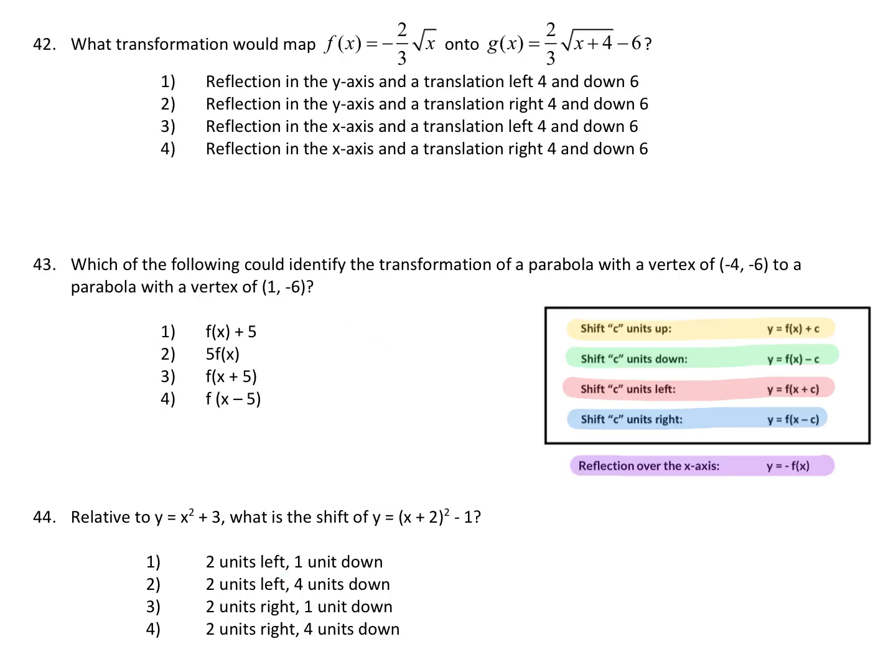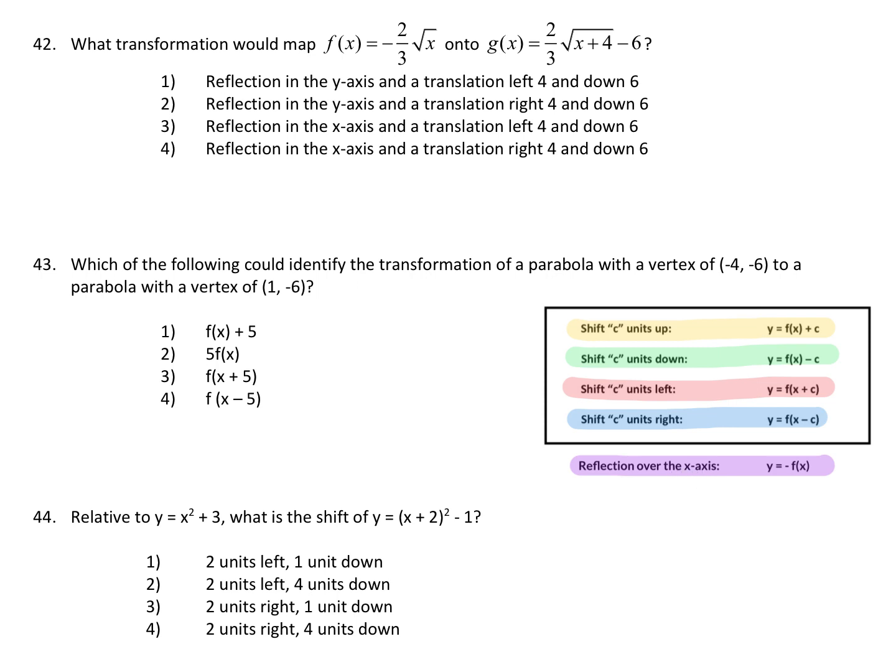Okay, let's take a look at number 42. I brought the rules down here so we could see them. We want to know what transformation would map f of x onto g of x. Let's look here. See how there's a negative in front of f of x, but not in front of g of x. That means if something was negative and now it's not, we negated the function, right? If you negate a negative, doesn't it become a positive? So when you put a negative in front of the function, when you negate a function, you reflect over the x-axis.